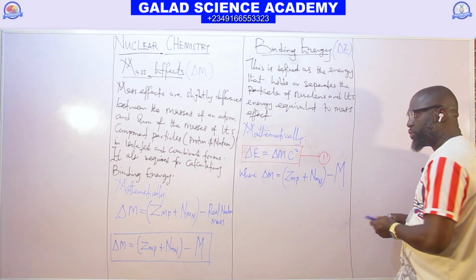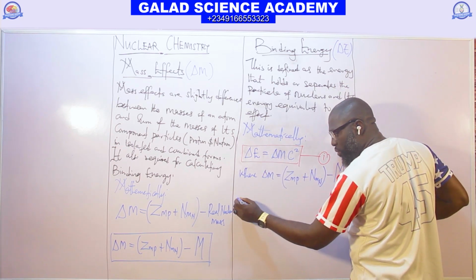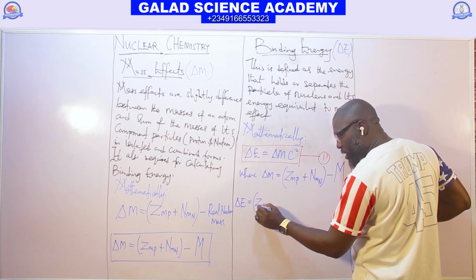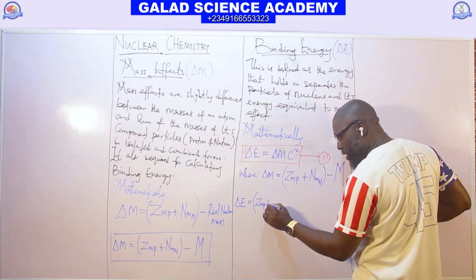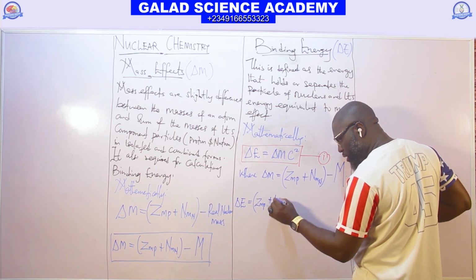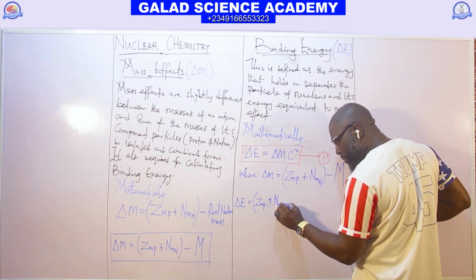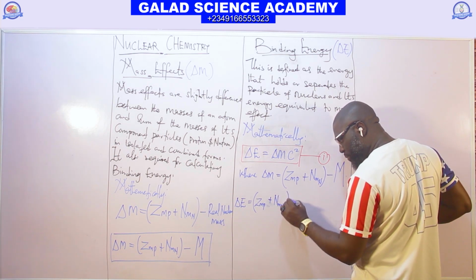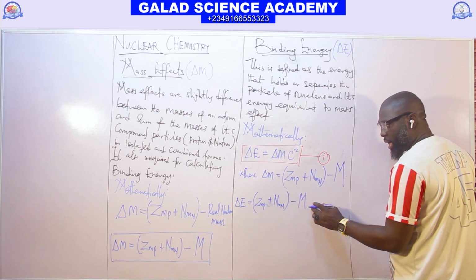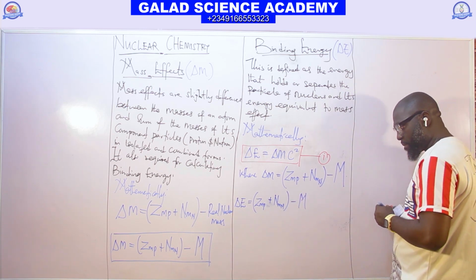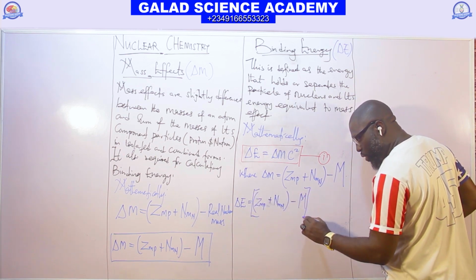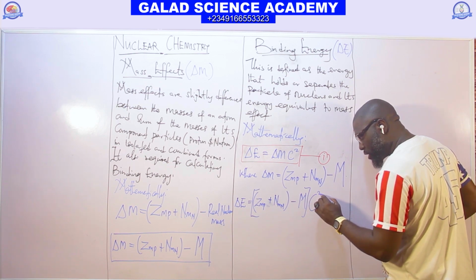If you put it here, you have the binding energy as ΔE = (Mp + NMn − M) times c squared.